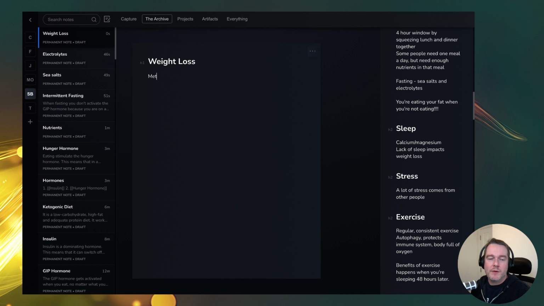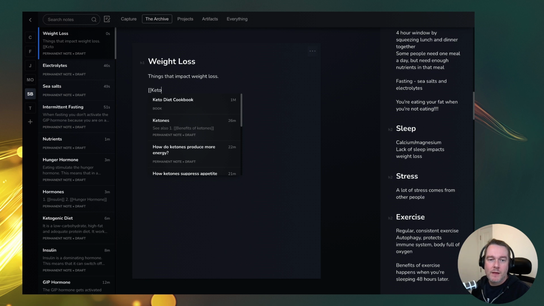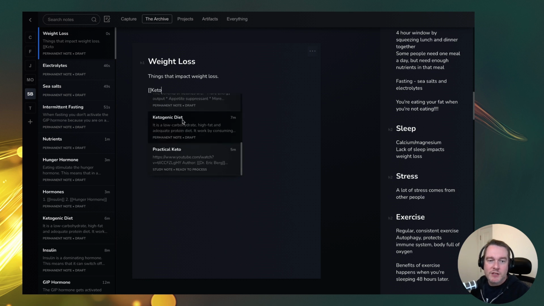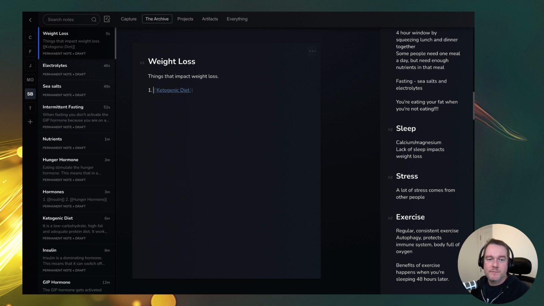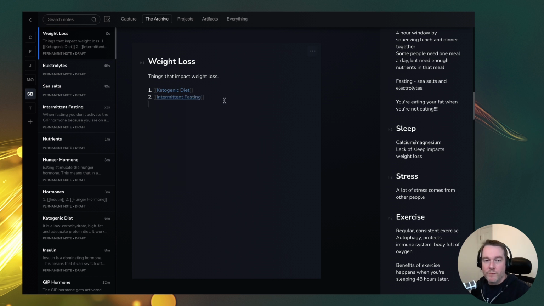Methods or things that impact weight loss. So we know that we've got the ketogenic diet, and we know that we've got fasting, intermittent fasting. Okay, now we've got sleep.